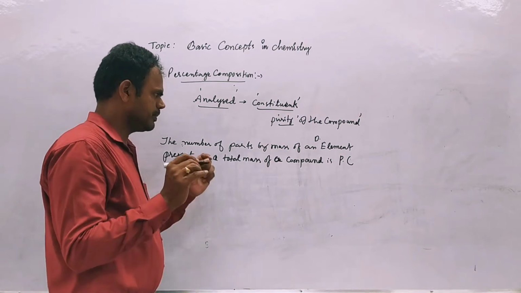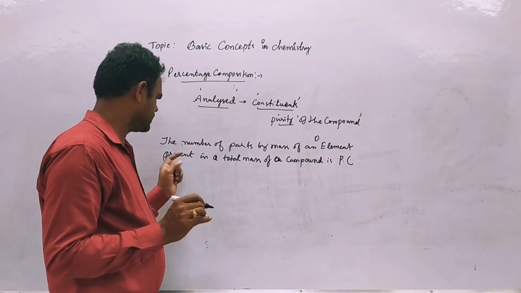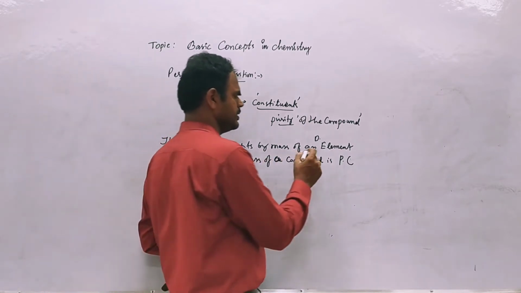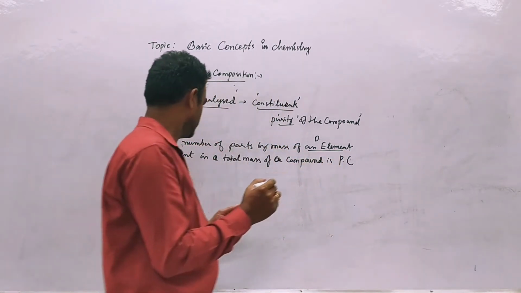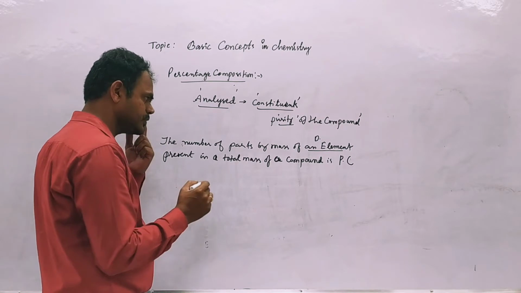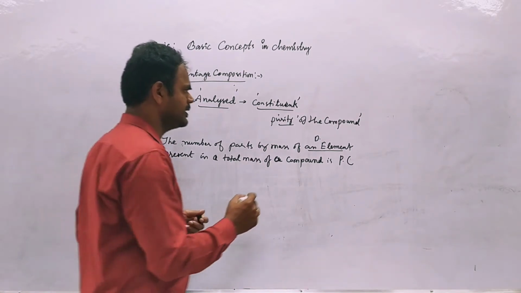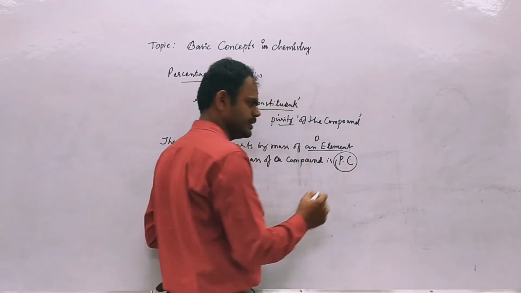Different elements here means the constituents. By what mass ratio they are present in a given compound is known as percentage composition.